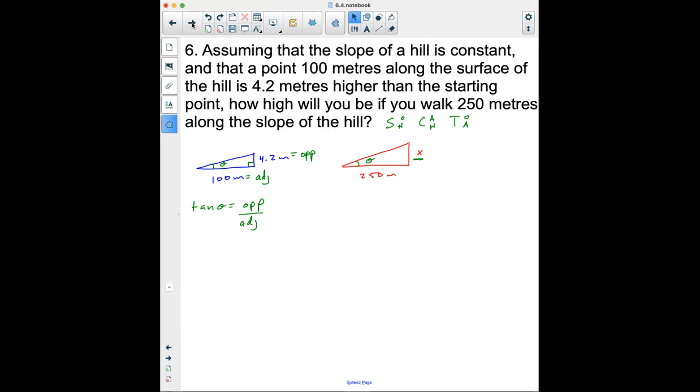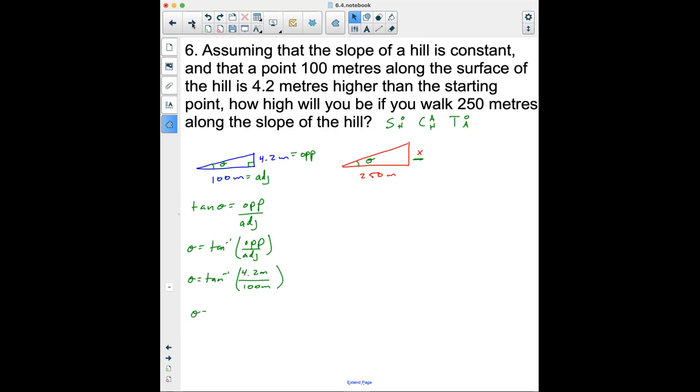Now I know opposite and I know adjacent, and I just want to know what theta is. So to solve for theta, we must take the tan inverse of the opposite over adjacent. So theta is equal to tan inverse of 4.2 meters divided by 100 meters.